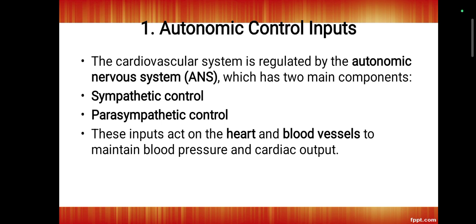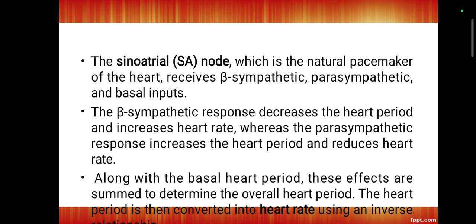The autonomic control inputs are the ANS, that is the autonomic nervous system, then sympathetic control, etc. These are the control inputs. Then it is followed by beta.